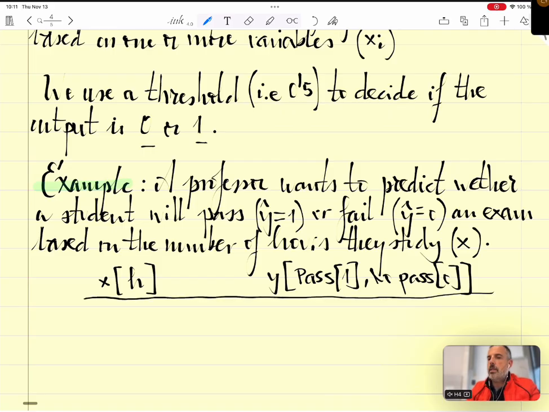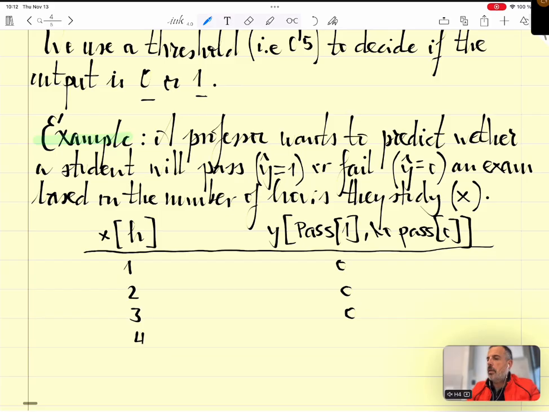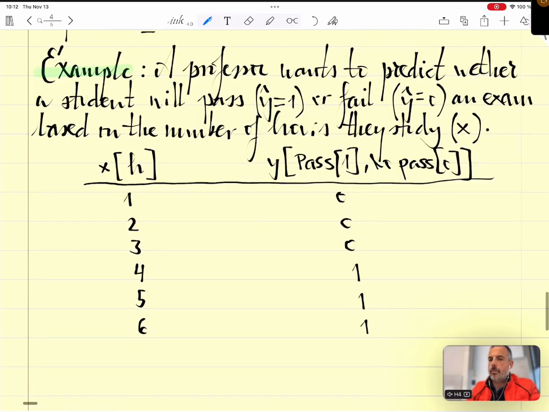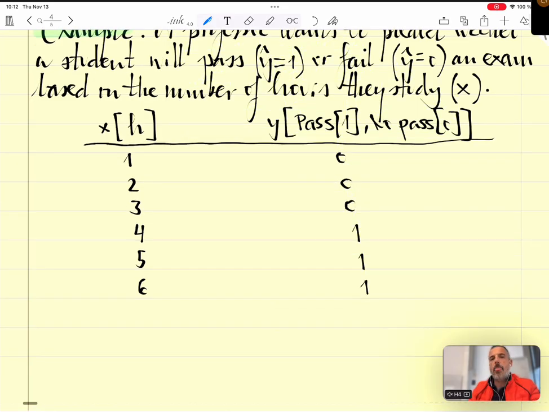So, and these are the data. 1 hour studied, no pass. 2 hours studied, no pass. 3 hours studied, no pass. 4 hours, pass. 5 hours, pass. 6 hours, pass. Okay? So this is step 1, gather the data. We have the data.